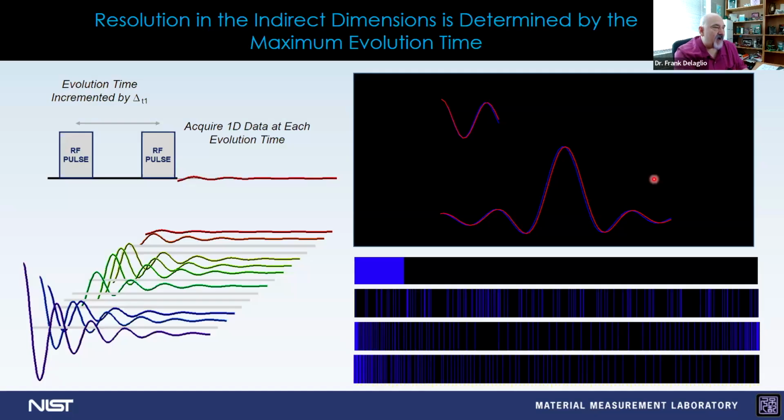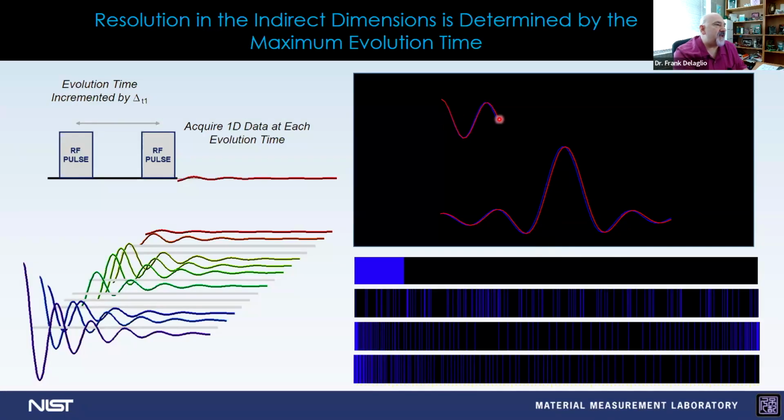And to understand why this is so, we can see it graphically by considering two signals that are very close together in frequency. So here are the signals in blue and red in the time domain, and an excerpt of the corresponding spectrum in the frequency domain.